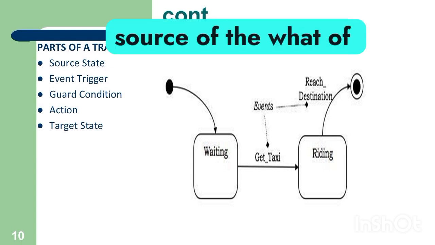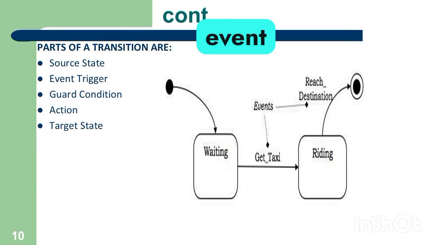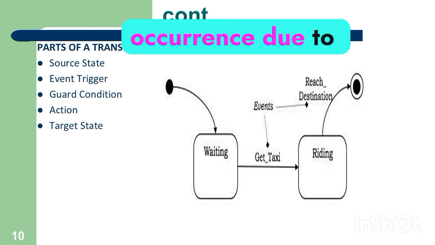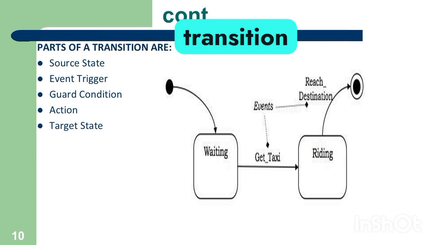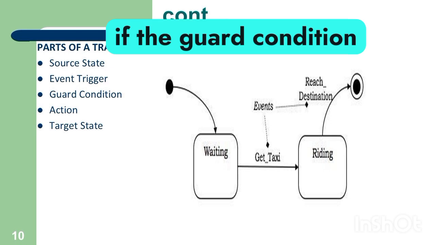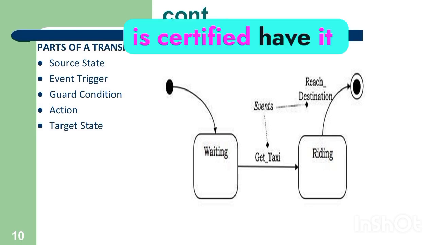So this is the source state. We have the event trigger. This is the occurrence due to which an object in the source state undergoes the transition if the guard condition is satisfied. Are we together?